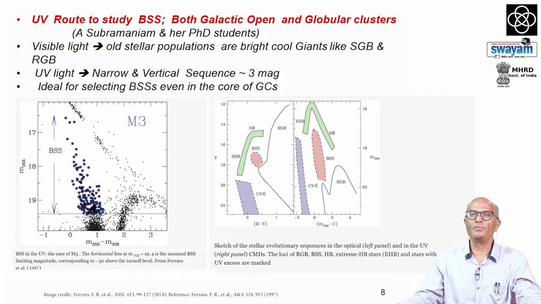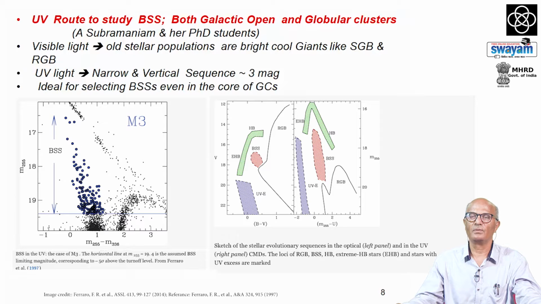If you keep the x axis the same, that is visual magnitude, but instead of B minus V you plot one of the ultraviolet colors, then we see immediately that the region occupied by blue stragglers extends quite a bit, enlarged by a factor of 3. The structure of the horizontal branch becomes very different.